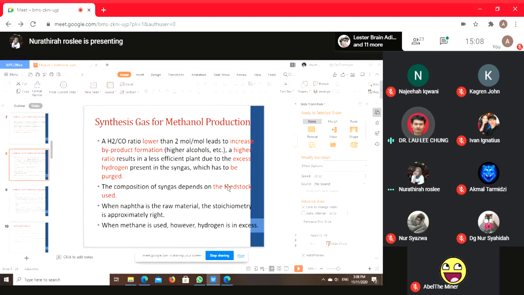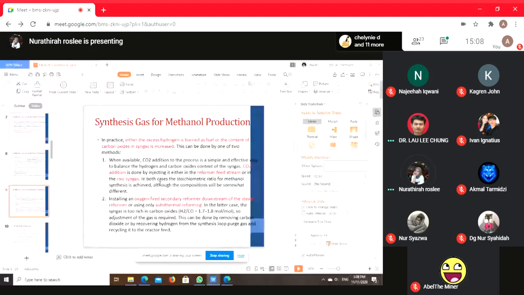So how do we achieve it? Using two additions to balance the hydrogen and carbon monoxide content of the gas.